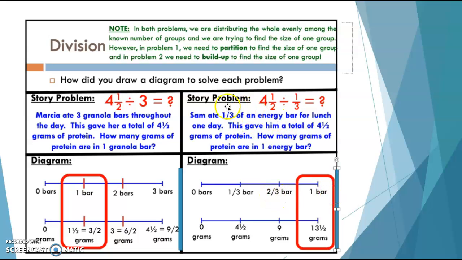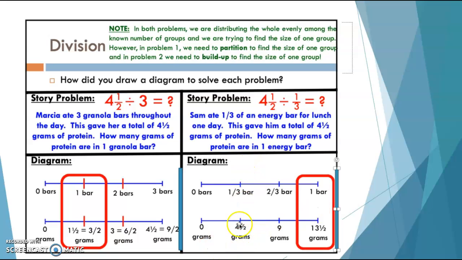We know that 1/3 of an energy bar is what he ate. It gave him 4.5 grams of protein. So you're lining that up. Bars, grams, those are your measurements. So 1/3 bar, 4.5 grams. We've got that from the story problem. We've got to get to how many grams of protein are in one energy bar. 1/3, 2/3, 1 bar.